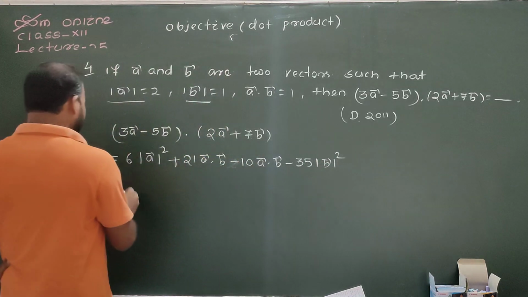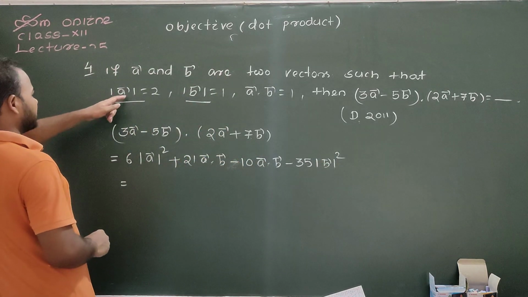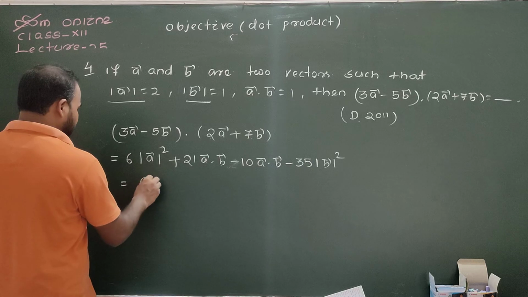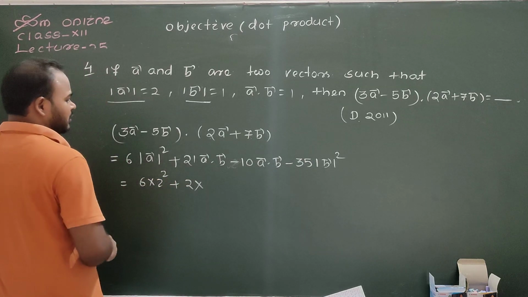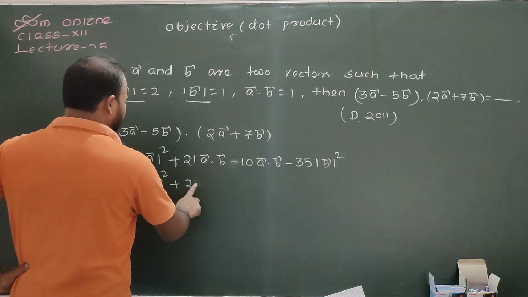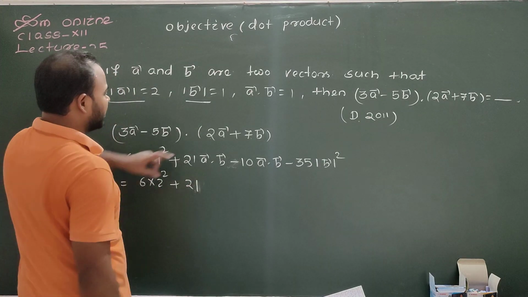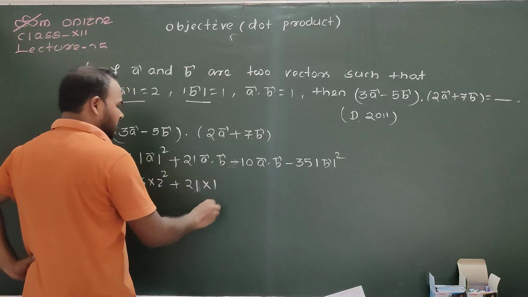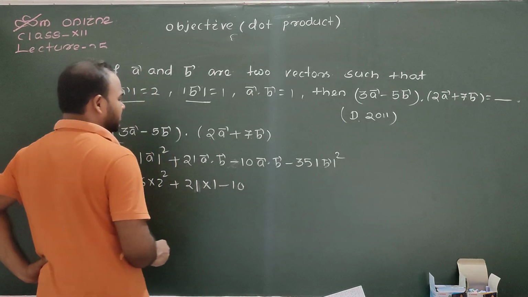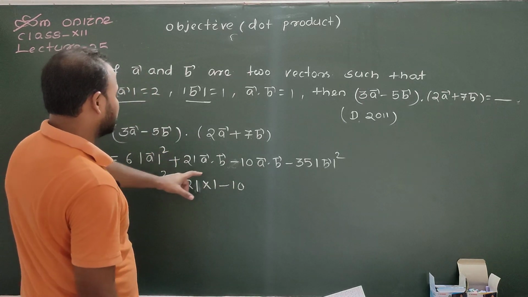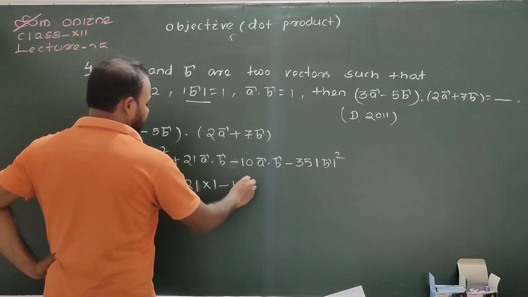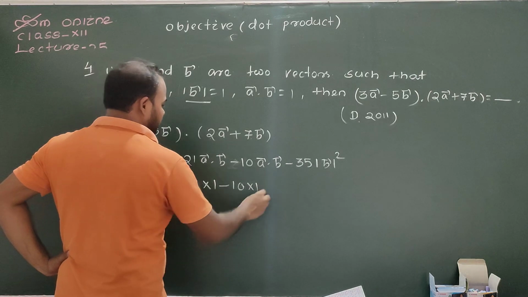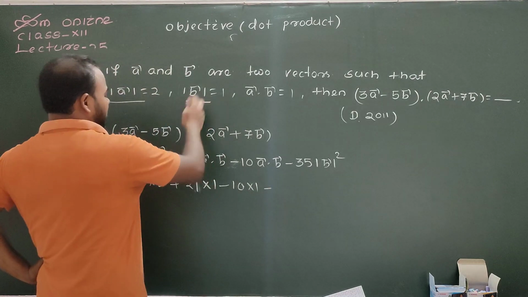So it is equal to 6 into 2 square, plus 21 into A dot B, that is 1, minus 10 into A dot B, that is 1, minus 35 into the magnitude of B square, that is 1.